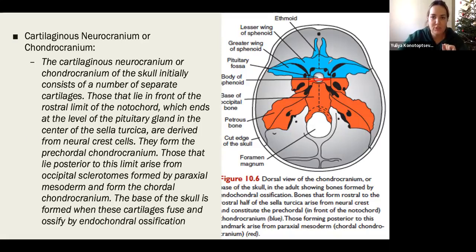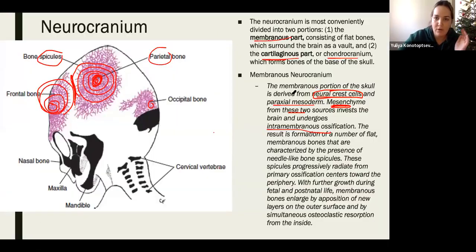In blue, this is neural crest cells. In orange, this is paraxial mesoderm. So the same idea, just that before it was sort of a mix between paraxial mesoderm and neural crest cells. They were everywhere. There was no division between them.